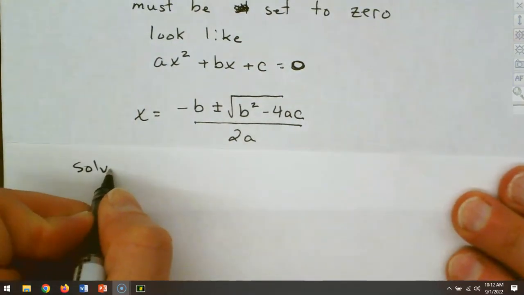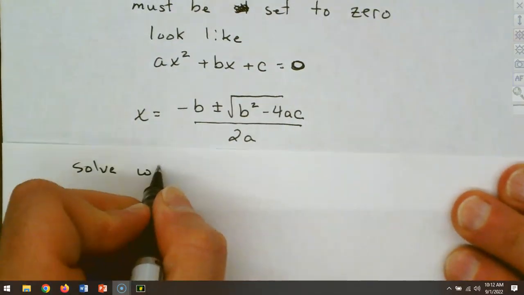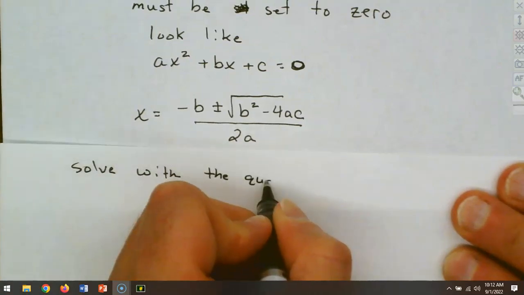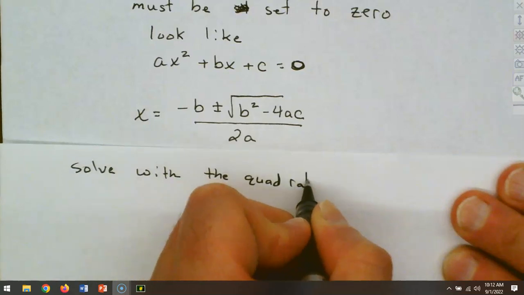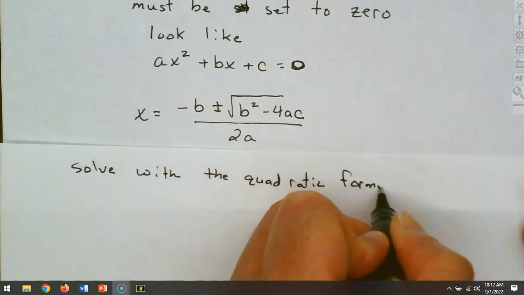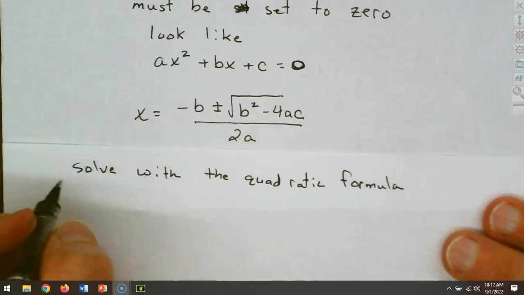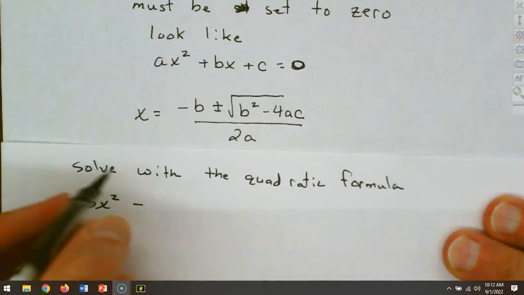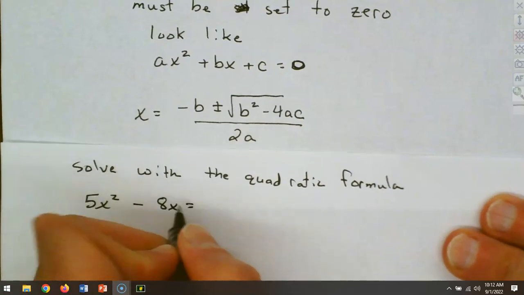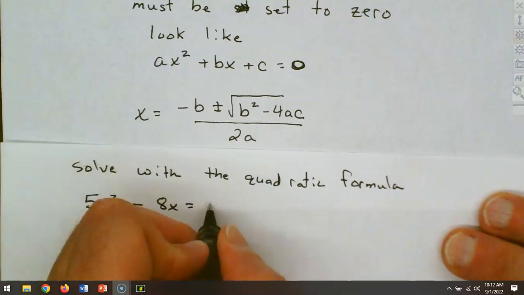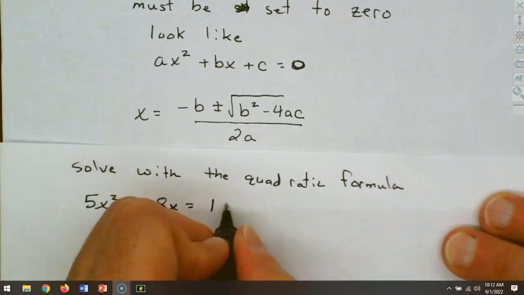So we're going to solve with the quadratic formula. 5x squared minus 8x equals 12.